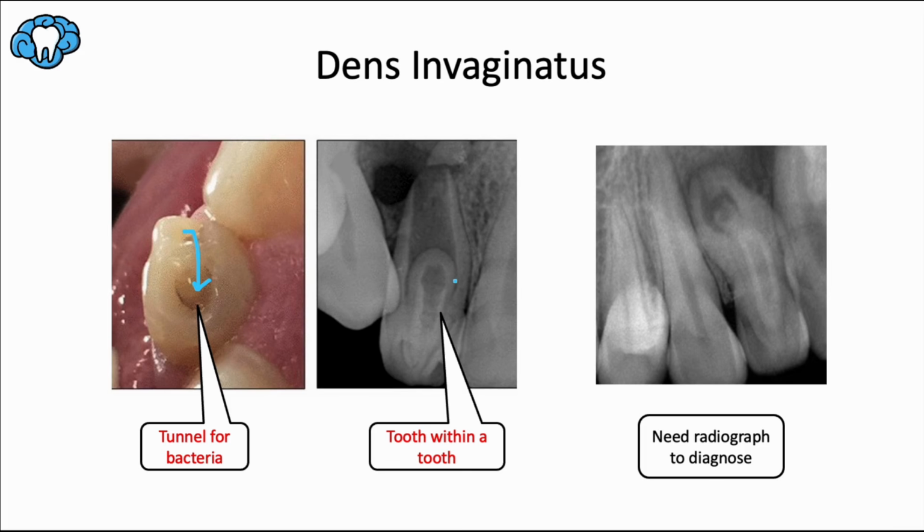Radiographically, it looks like a small tooth within the main tooth. And sometimes this condition is called dens in dente, which is literally what that means. It most commonly affects the permanent maxillary lateral incisor, as you see here in all three of these images. By the way, you do need a radiograph in order to definitively diagnose this condition.